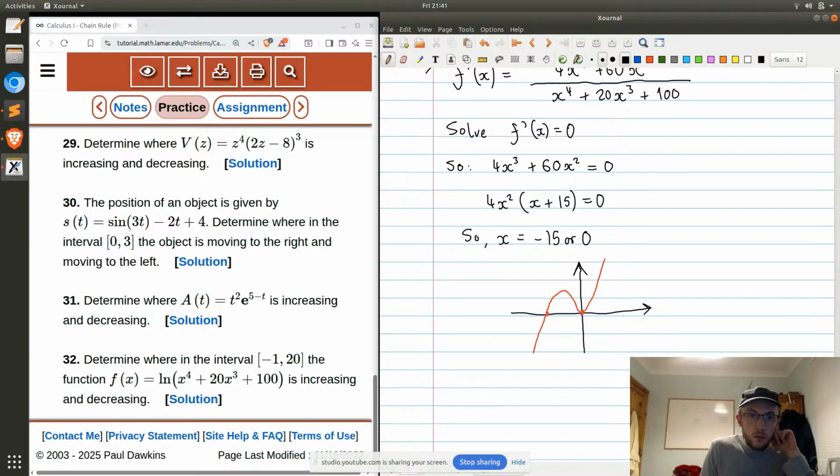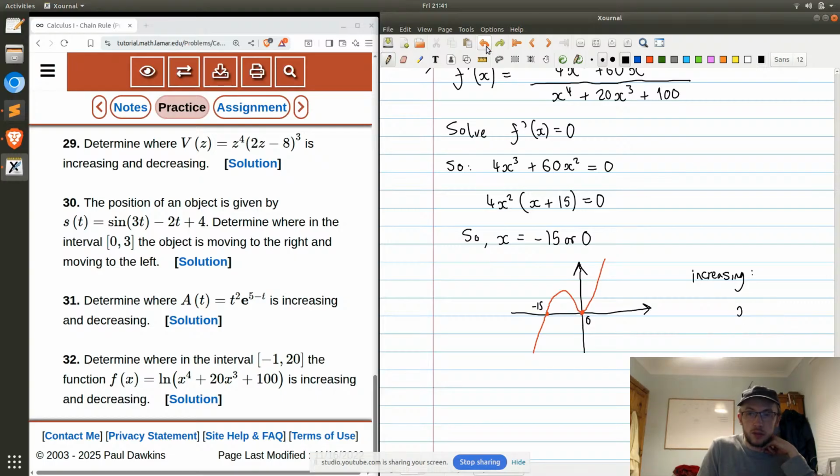And so where is it increasing or decreasing? Wait a minute. It's within this interval, isn't it? Right? So this guy here doesn't even matter. Apparently. So I think it's increasing when x is greater than 0.